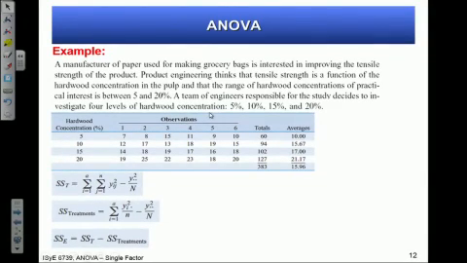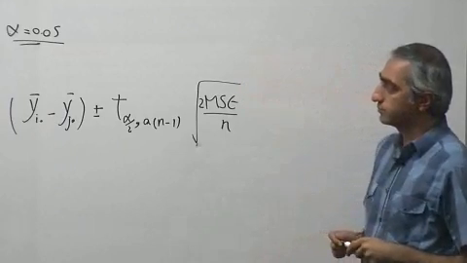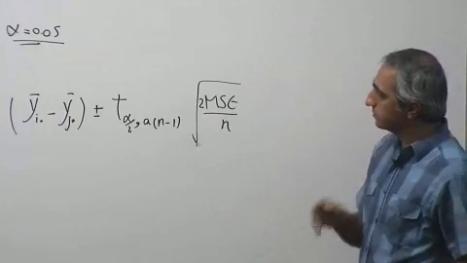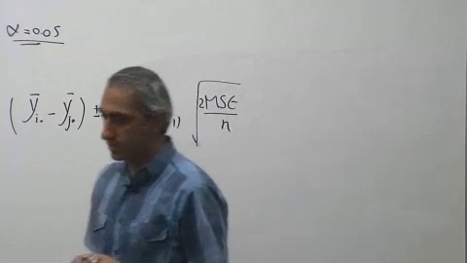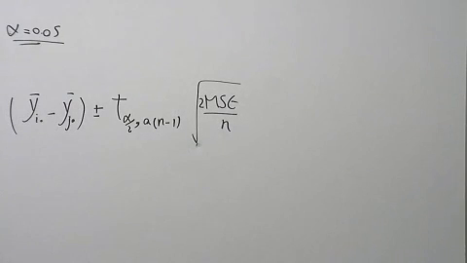Anybody got any numbers? Lower bound, upper bound? Yes, alpha is 0.05. Actually, let me give you that T. Let's see if I have it. I don't think I have it.